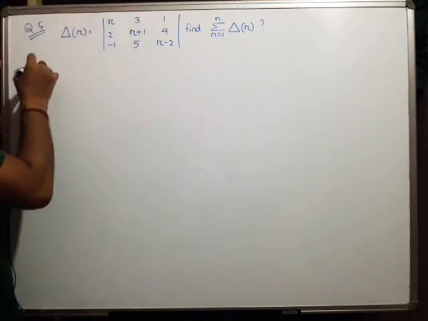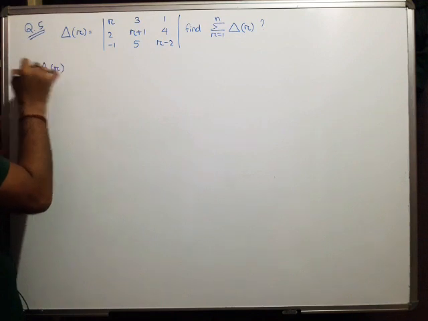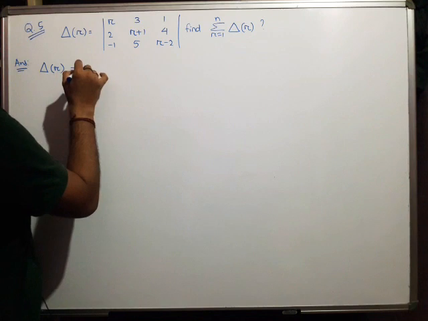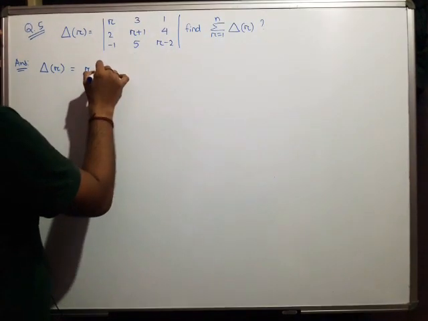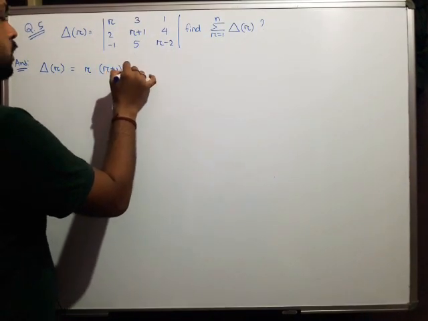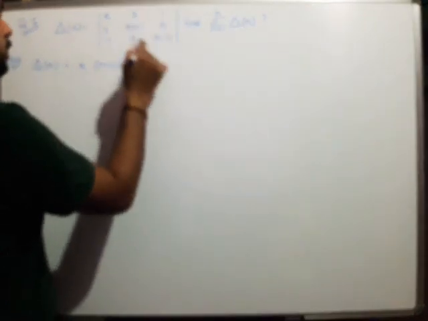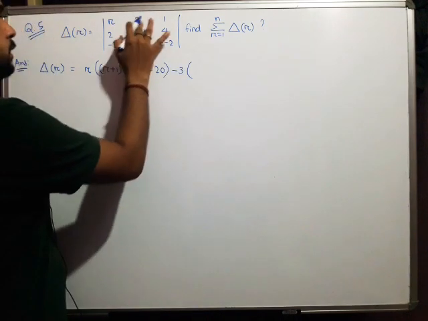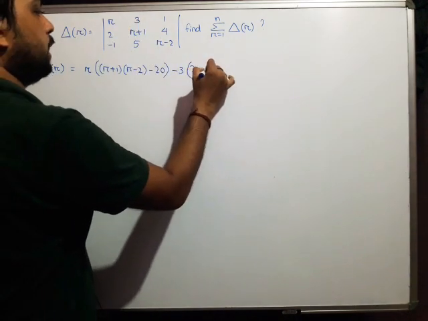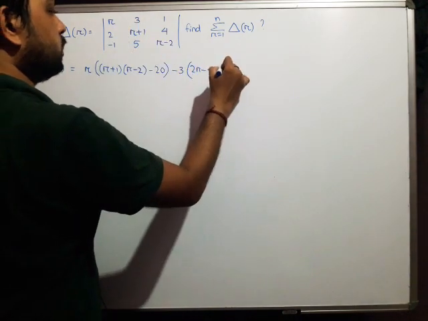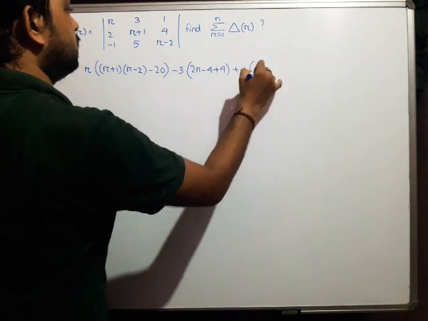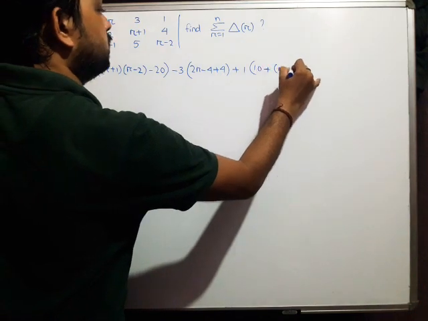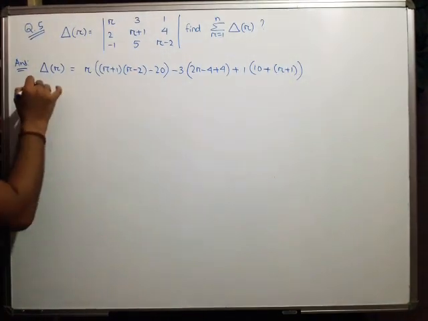Okay, so delta r will be equal to r times r plus 1, r minus 2 minus 20, next minus 3 times 2r minus 4 plus 4, next 1 times 10 plus r plus 1.